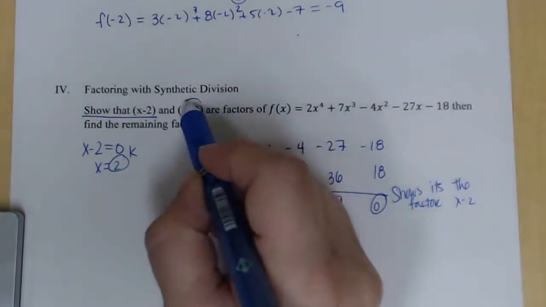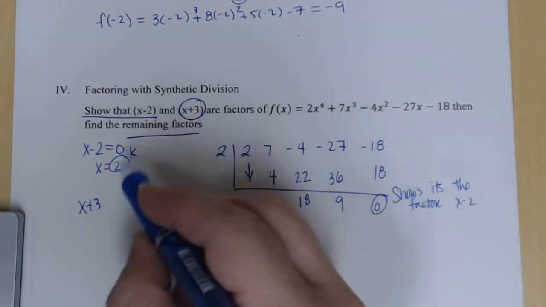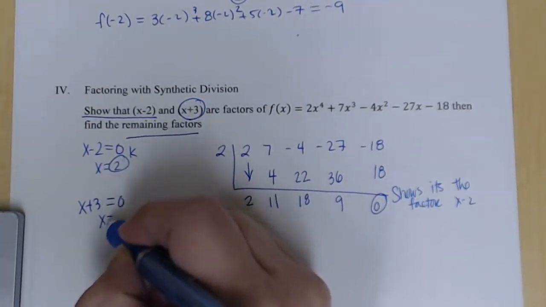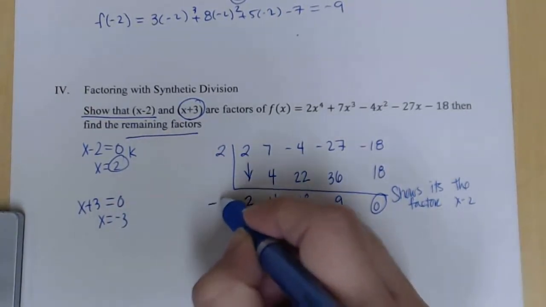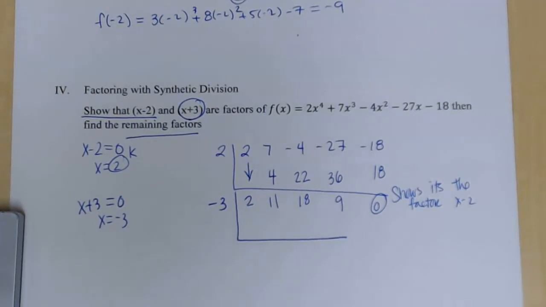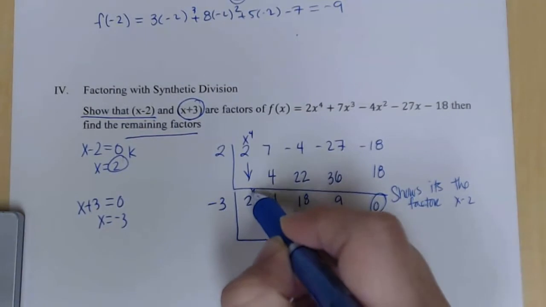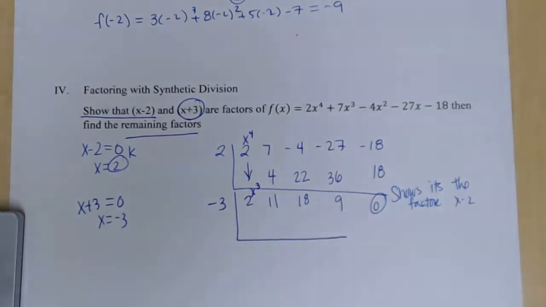Now the next thing I need to do is show x plus 3 is a factor. Now my end game is finding all the remaining factors. So I'm going to grab my k value over here. I'm going to continue my synthetic division with what I have left over so I can further break down this problem. You'll notice this was an x to the 4th, so now I'm down to an x cubed. If I can get that down to an x squared, I can handle it from there.